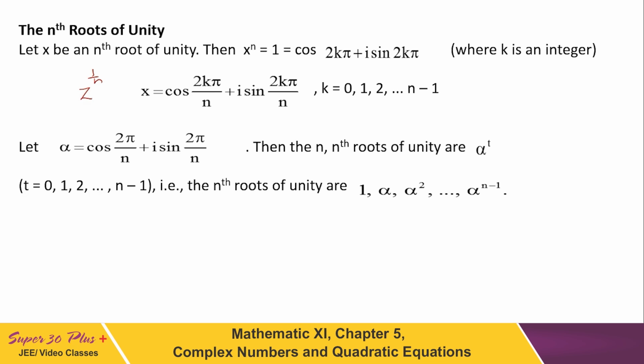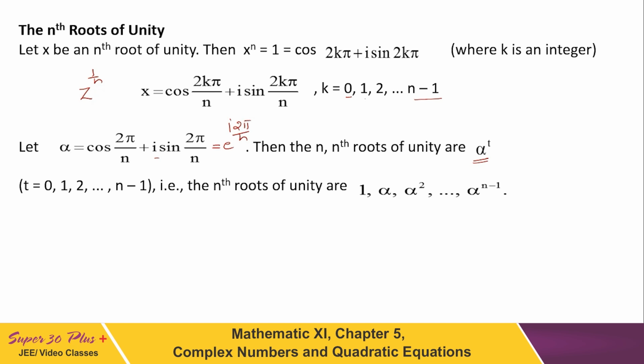After substituting the values k equal to 0, 1, 2, up to n minus 1, we can find all nth roots of unity. Consider alpha equal to cos(2 pi upon n) plus iota sin(2 pi upon n) and write it like this: e to power iota 2 pi upon n. Then the n nth roots of unity are alpha to power t. What is the meaning of this?